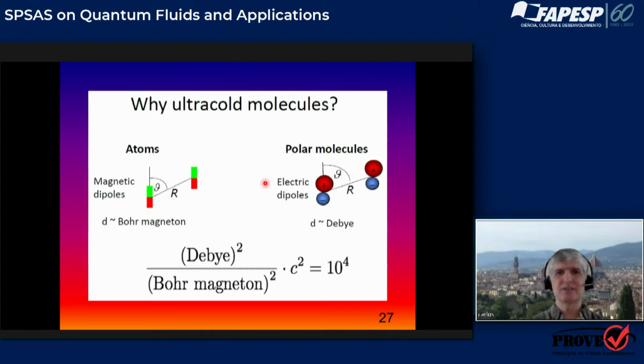If you have dipole moments of order of a debye, this gives you a dipole-dipole interaction which is about 10 to the 4th times stronger than what the Bohr magnetons will give. It's pretty interesting, because you can have from 100 to 1,000 to 10,000 times stronger dipole interactions. Therefore, there's more room to find supersolids in those systems as well.